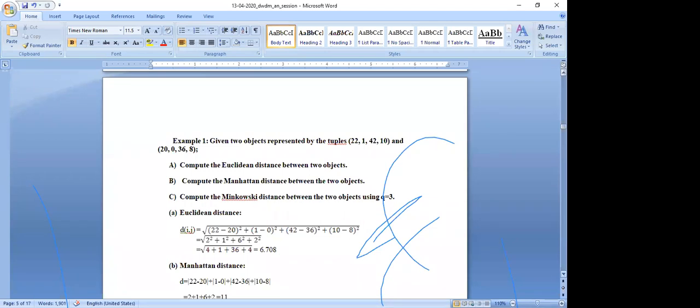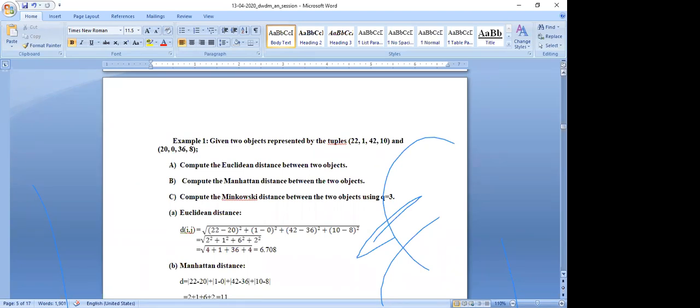First attribute minus first attribute of the second: 22 minus 20 whole square, plus 1 minus 0 whole square, plus 42 minus 36 whole square, plus 10 minus 8 whole square. After calculating, we find the square root of that value. Here the distance is 0.708.